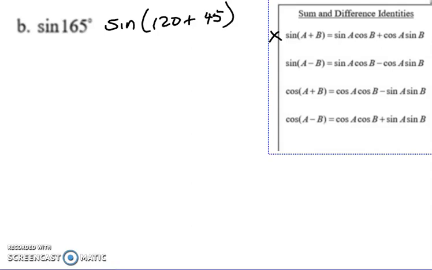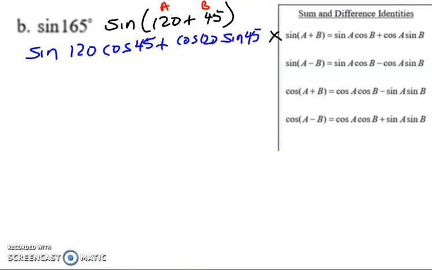So we'll let 120 be A and 45 be B. So notice with sine, with the sum you got plus and plus, minus and minus. Whereas with cosine, they are opposites. So as we simplify this, we have the sine of 120 times the cosine of 45 plus the cosine of 120 times the sine of 45.